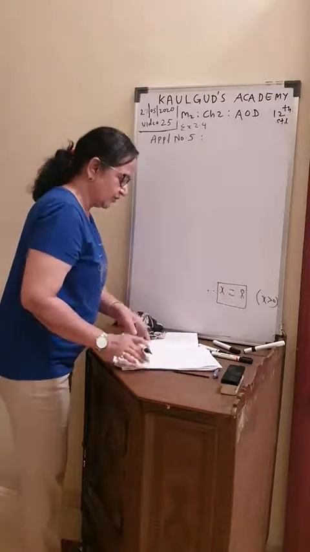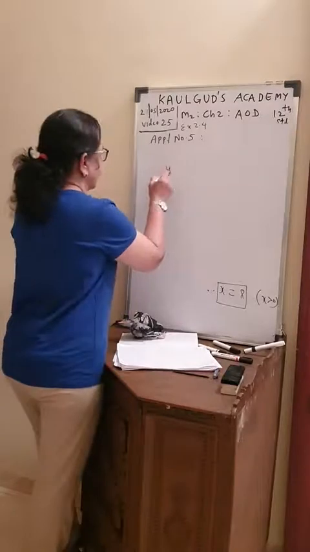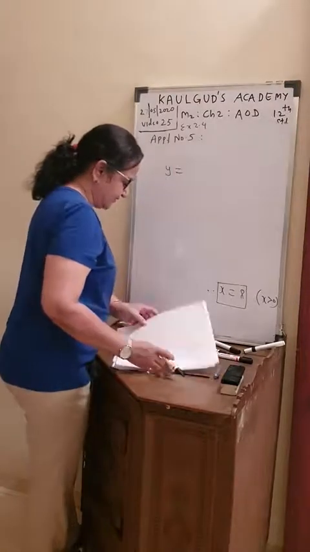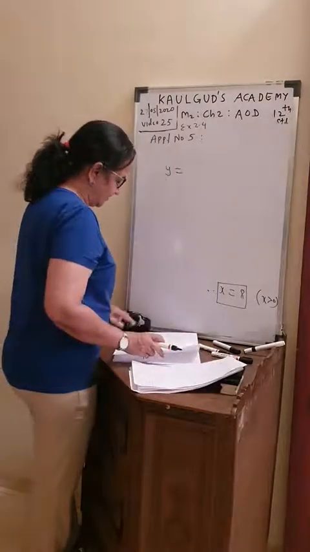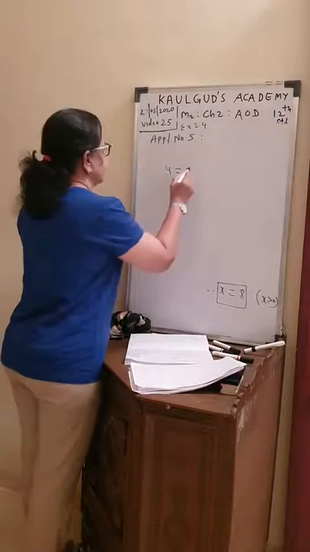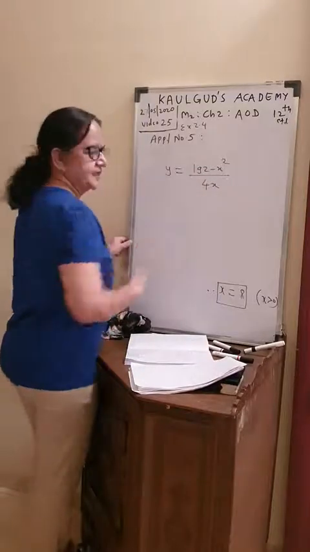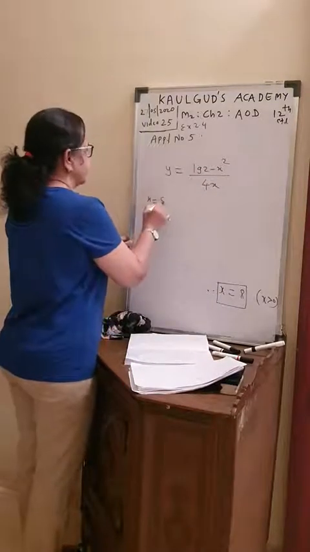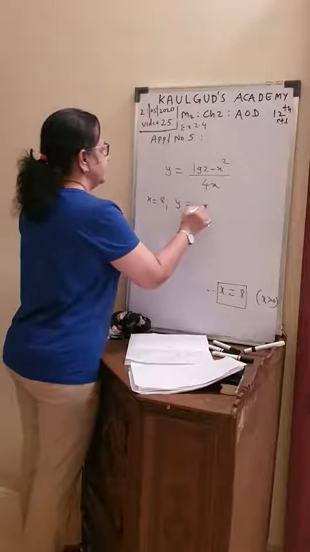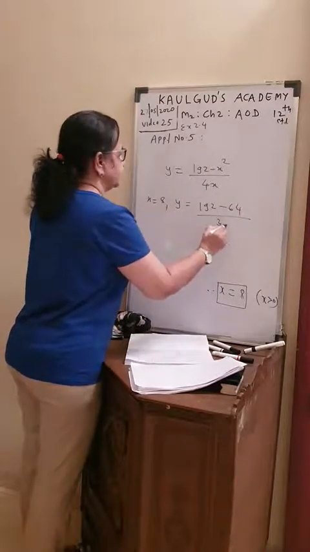And the question was, you had to find the dimensions of the box. Now what was the y value? Observe, the y value you had was 192 minus x square upon 4x. So if you put x equal to 8, what is the corresponding y value? 192 minus 64, and 4 8s are 32.